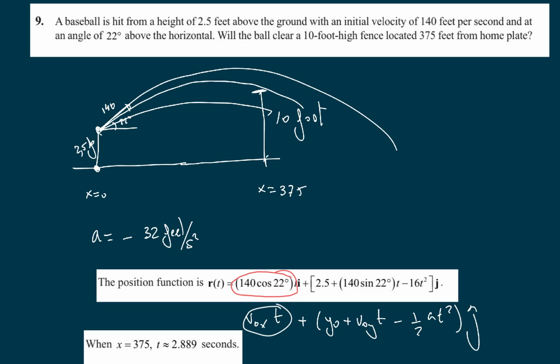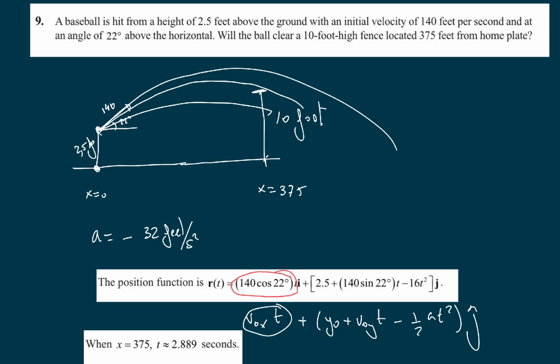So you are solving this equation: 375, which is the x, is 140 cosine of 22 times t. So what is t? t is 375 divided by 140 cosine of 22. So this will give you the time t equal 2.88 seconds. So at the time t, 2.88 seconds, the object is at x equals 375.